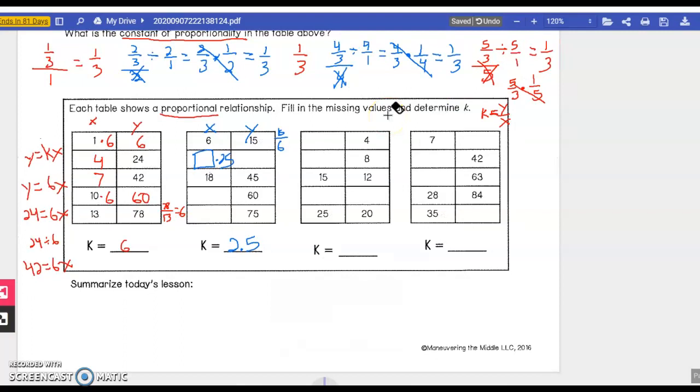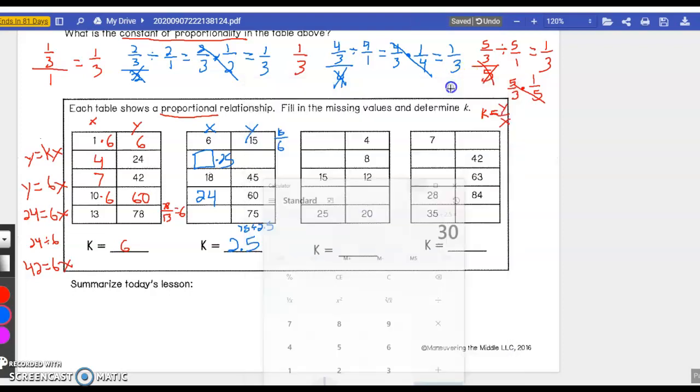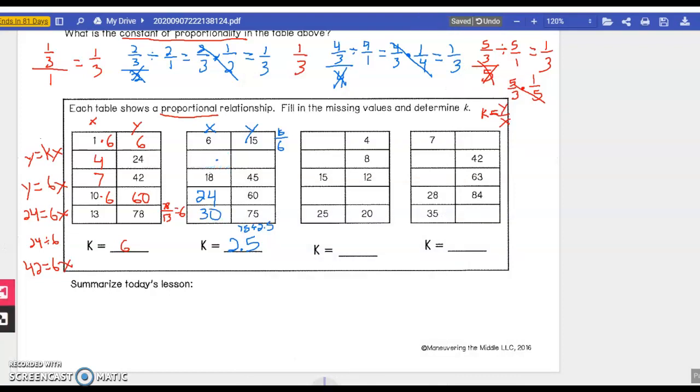Now remember, what we're trying to do here is figure out what number times 2.5. So here I'm going to go 75 divided by 2.5. 30.